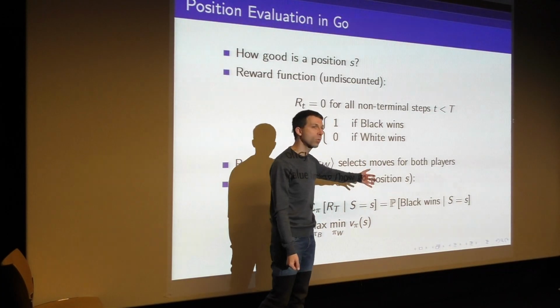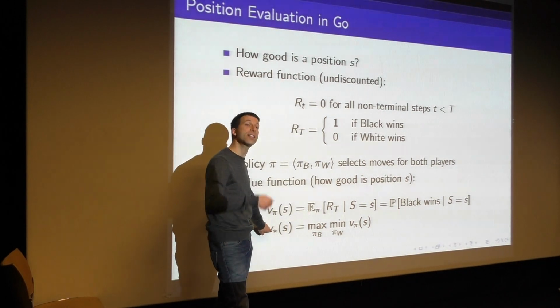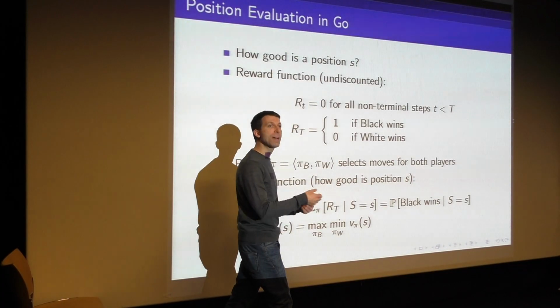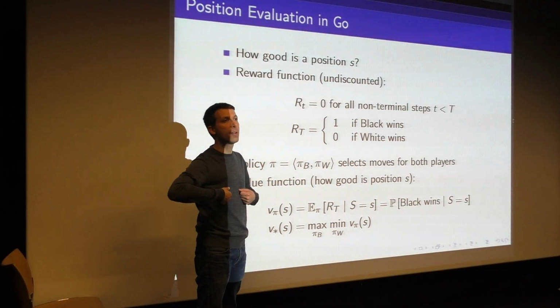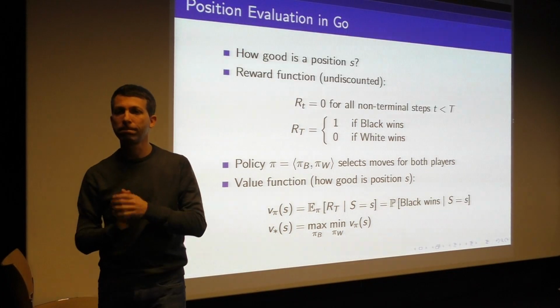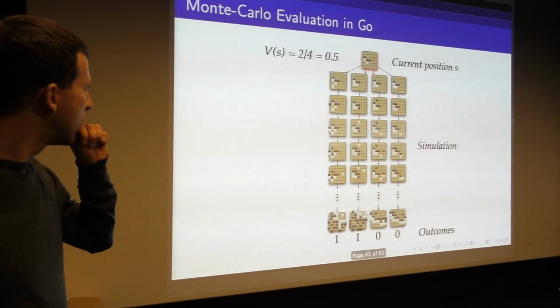So the probability that black wins from this position. But what we really care about is the optimal value function, and this is why we need a search tree. And the search tree is trying to find something like the minimax value. Like it's the best way to play if your opponent's trying their best to beat you, and so forth, all the way down the tree. We'll get more into that in the final lecture.